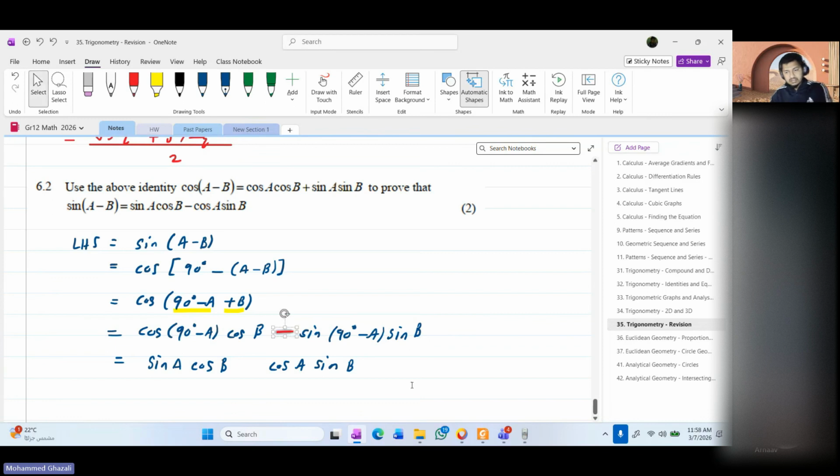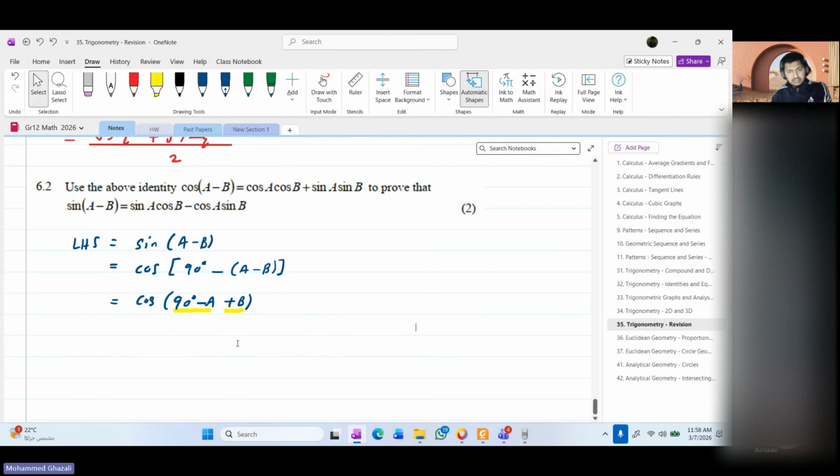We can't use that because it must be 90 minus, so you have to use it like this. You can't use a plus, so you don't have an identity for a plus. So the plus B, you're going to change it to minus minus B. So now you can use it, because you've got cos and you've got a minus there, right?